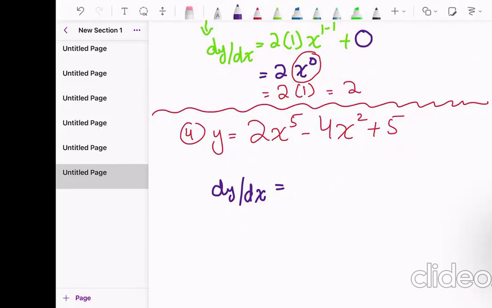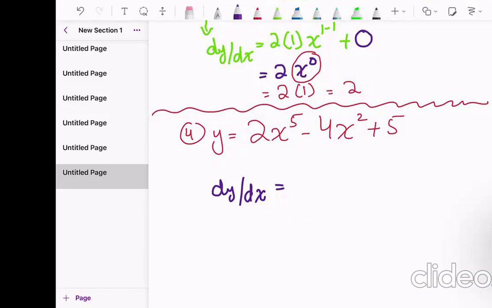You have to tell me the value of dy upon dx. We haven't reached the turning point topic, a maximum value. We are just finding dy upon dx right now.